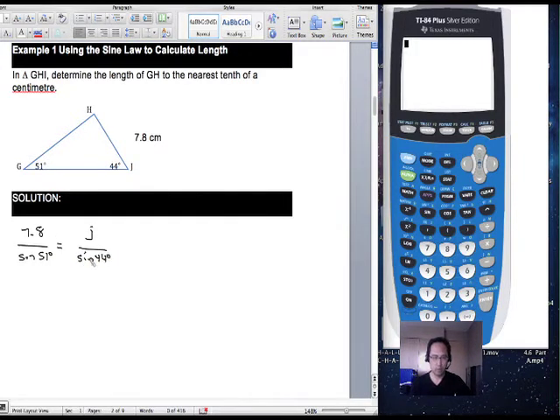So we're going to cross multiply. We end up with j sine 51 degrees is equal to 7.8 sine 44. Now, we want to isolate for j, so we divide both sides by the sine of 51.